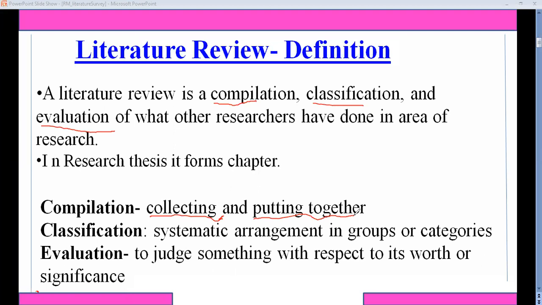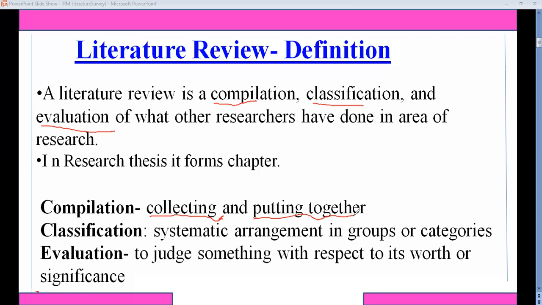Thereafter, thesis, reports. Okay, so that we also consider. Research paper, that too we have to search in the reputed journal. There are some journals which are not reputed, and if you search them, you'll get some material, but that will not be authentic.